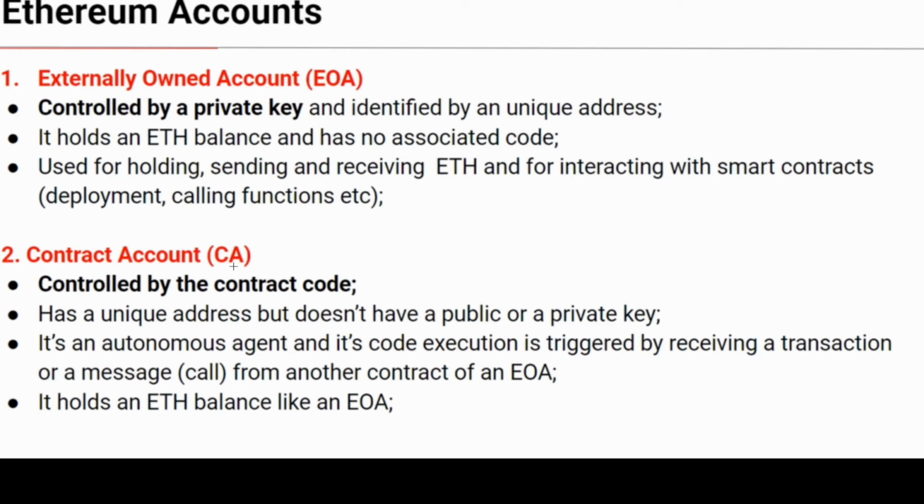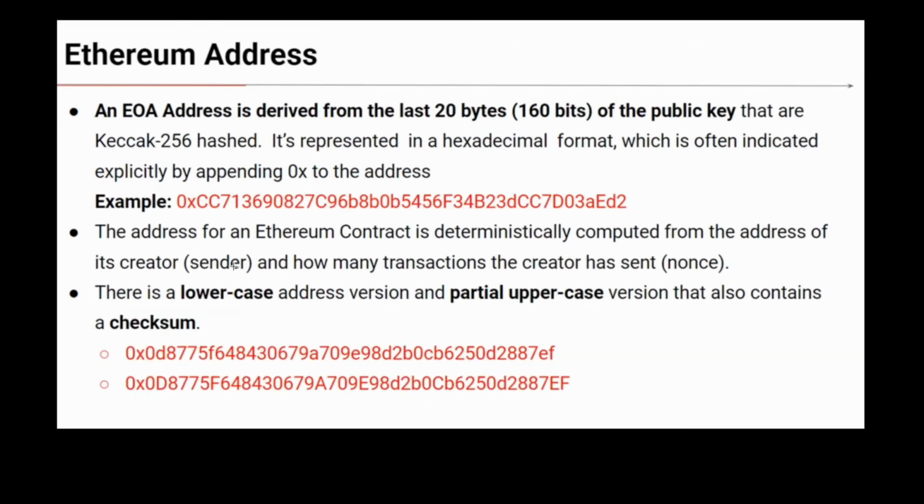You need to pay gas to create smart contracts and deploy them on the blockchain, unlike an externally owned account, because it uses network storage to keep information. It can be data, it can be funds, whatever you send there, whatever your smart contract is designed for, but it uses network storage, so you need to pay gas to deploy a smart contract.